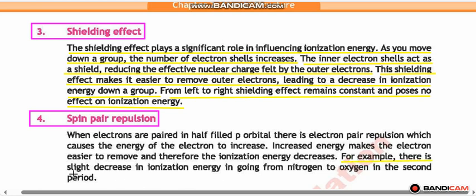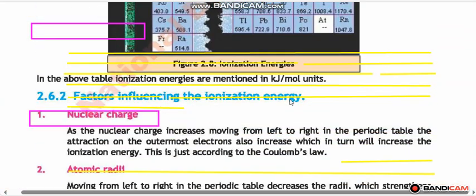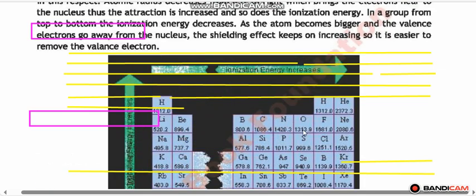For example, there is a slight decrease in ionization energy in going from nitrogen to oxygen in the second period. As I have told you before, the ionization energy of oxygen is 1313 and that of nitrogen is 1420. Why does oxygen have lesser energy?